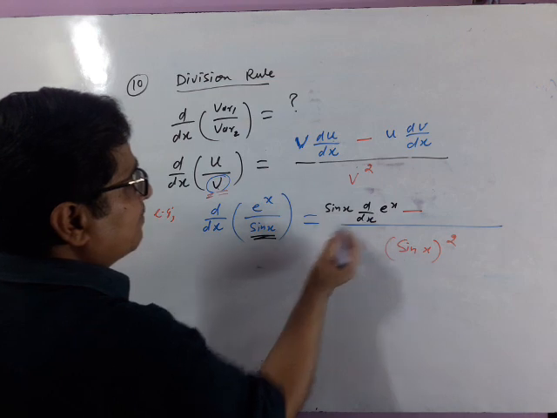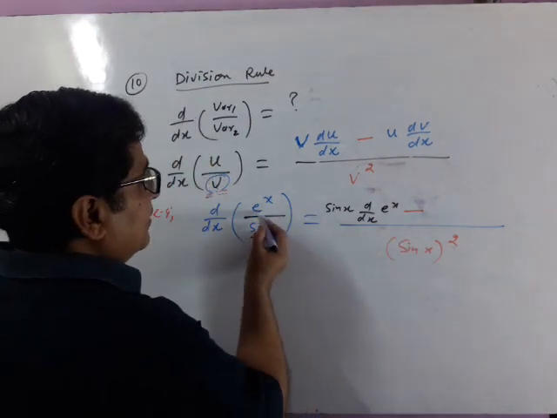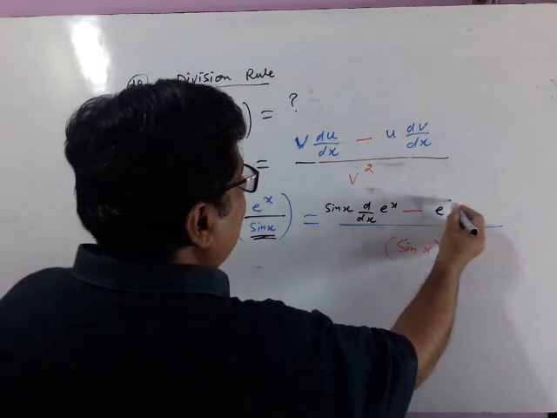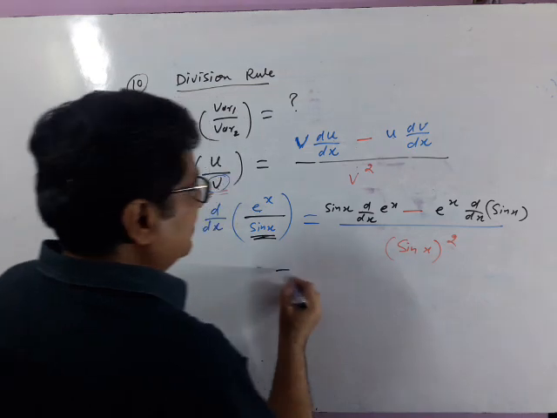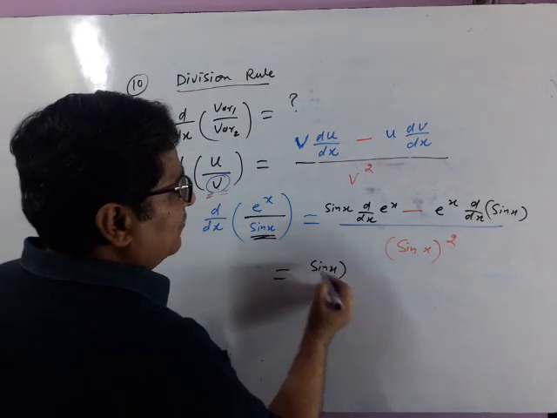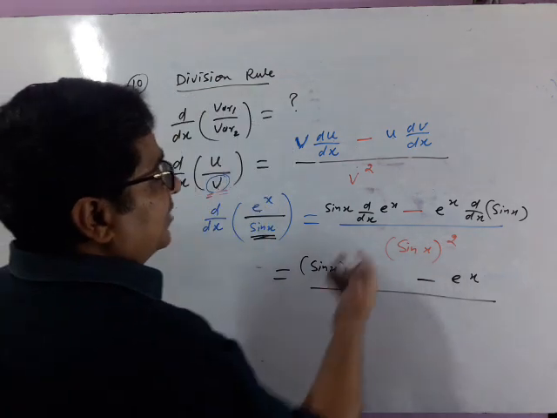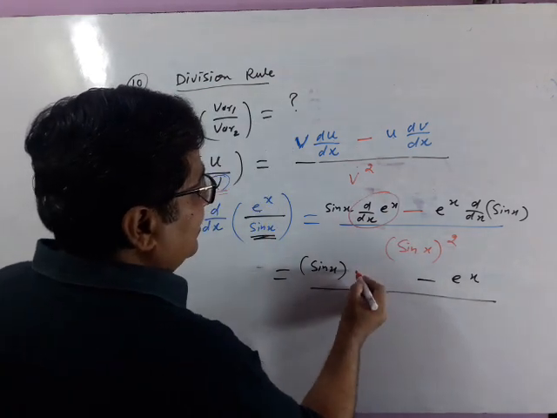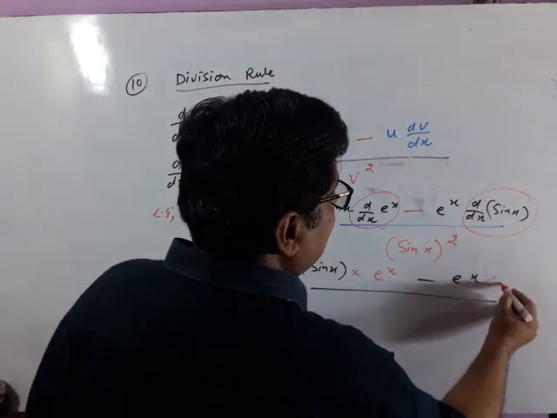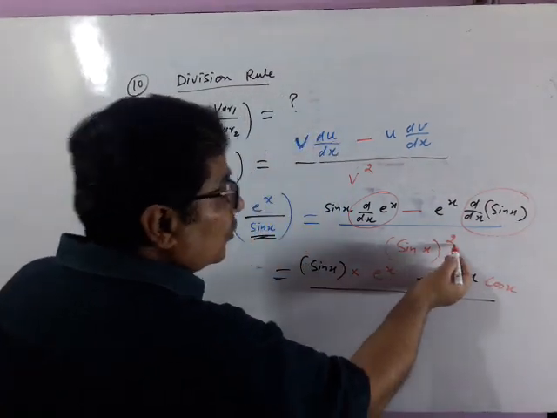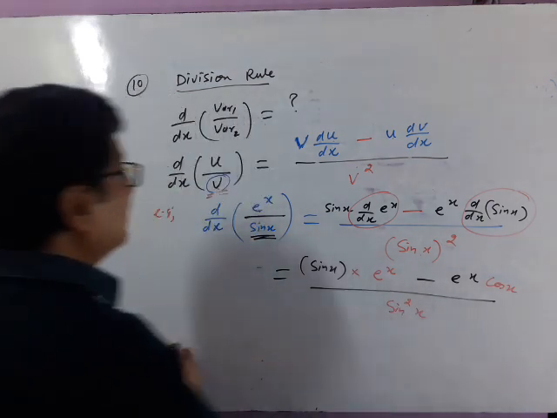See, this is u, u upon v. Now alternatively, e raised power x or u taken outside, now differentiate sin x. So now apply the formula of differentiation. Differentiation of e raised power x remains e raised power x, and differentiation of sin x is cos x. Sin x whole square is written as sin square x. Once again, breathe in.